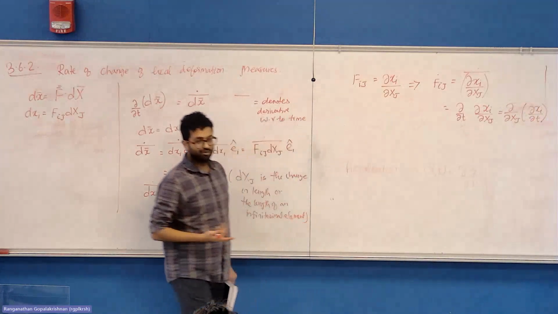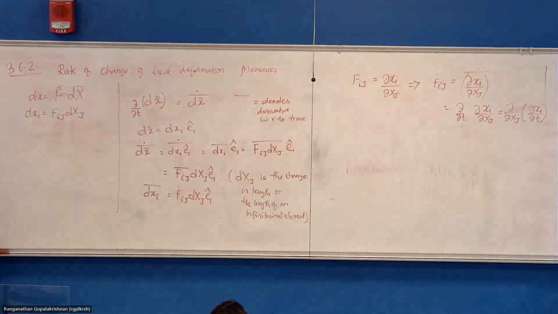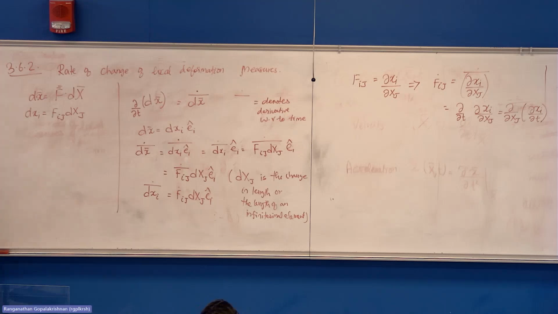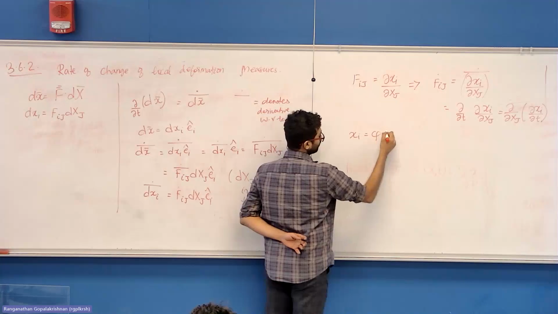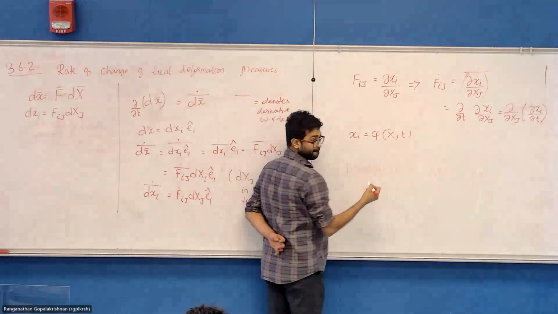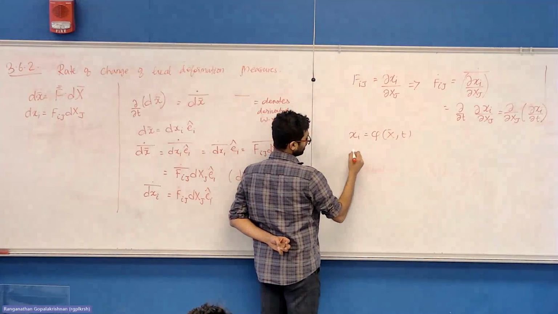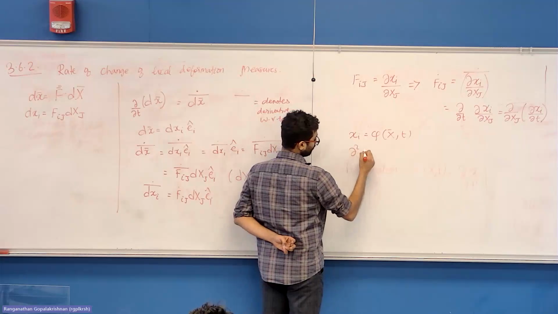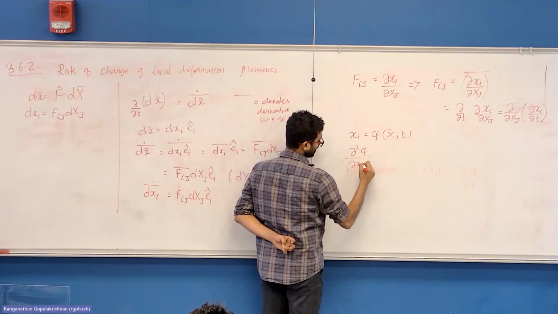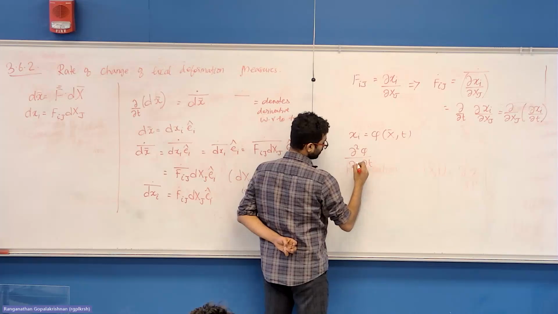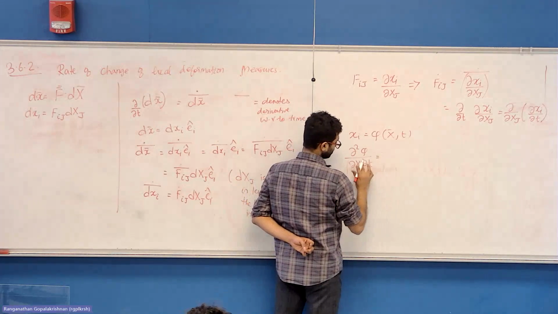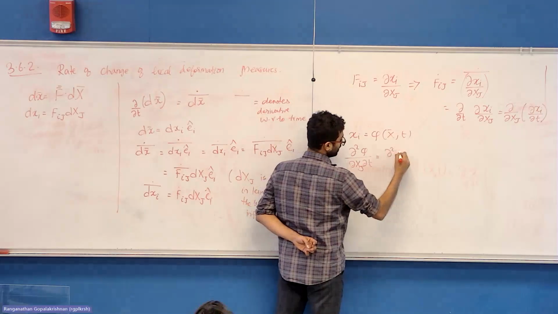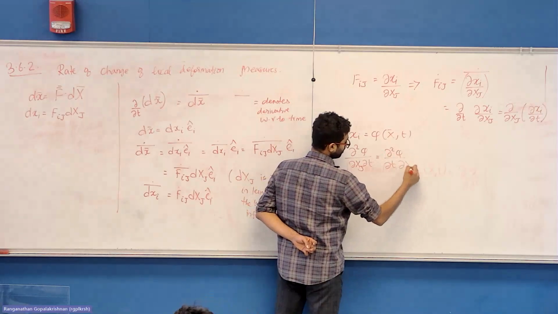Can I swap the order of differentiation? I can, because if I know my xi is phi of X comma t, taking the first derivative of phi with respect to Xj and then time is the same as the second derivative with respect to time and Xj.